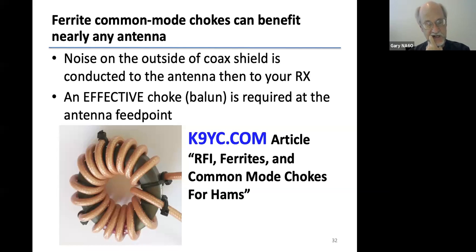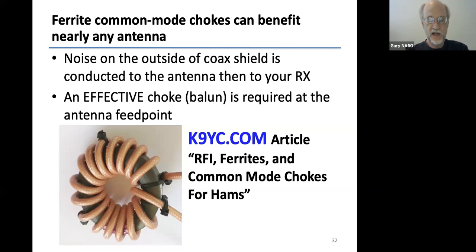And the reason the inside and the outside are not connected, even though they're all made of one piece of metal, is called skin effect. Skin effect is where high frequencies tend to travel just on the very thin surface of a conductor. So the RF power that you're transmitting or receiving on the inside is confined to the inner surface of the shield, whereas noise that gets picked up from external radiation can ride on the outside of the coax.